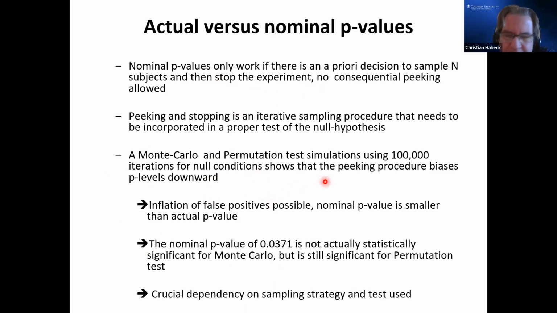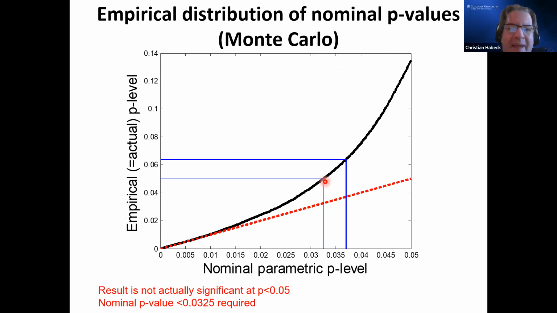But what you can do is something called a Monte Carlo simulation, where you generate null data and then you peek many times. And you can take the nominal p-value that you get at the end in the last possible test, right? And now the number of tests I run, I know I run at least 15, but up to 30, right?